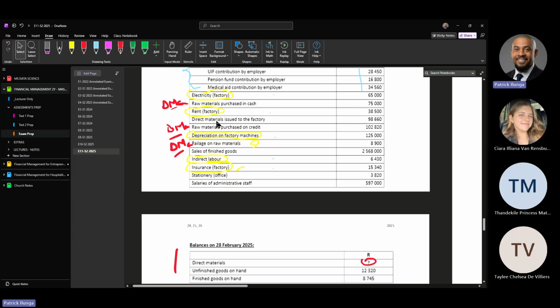Because the secret for direct material is here. So I want to finish with this. I'm going to finish this session with this very important thing. Remember your direct material notes. I want to use another color here to bring this to your attention. They provided you this direct material issued to the factory.